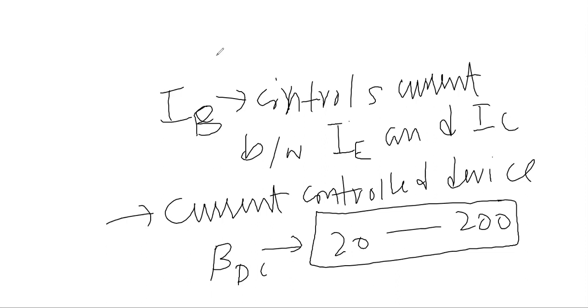For example, we have a transistor. We connect here a source voltage VCC, and we provide 5 volts here.